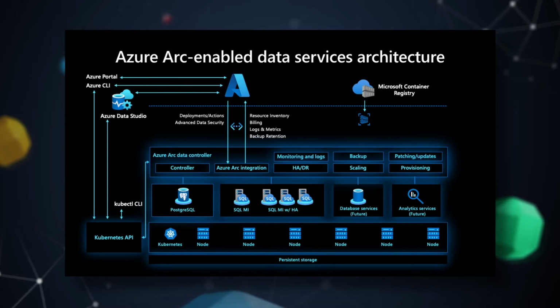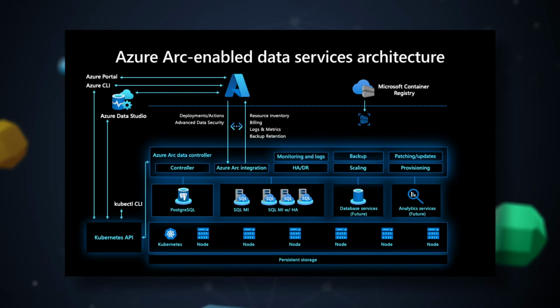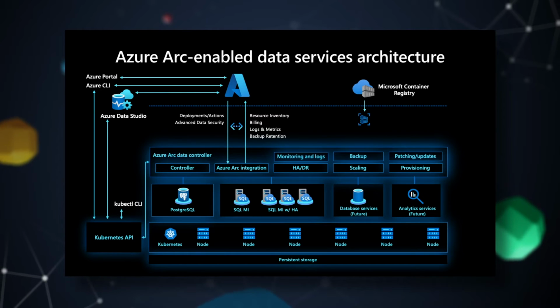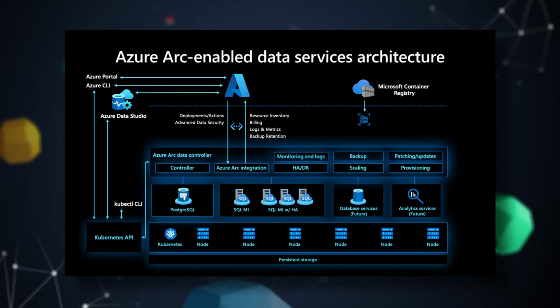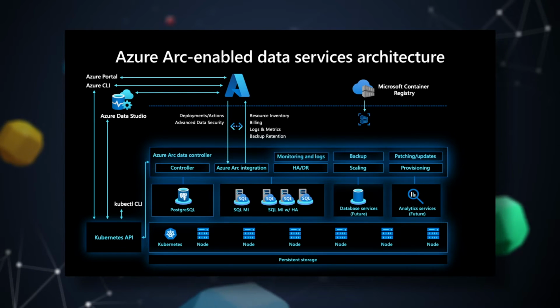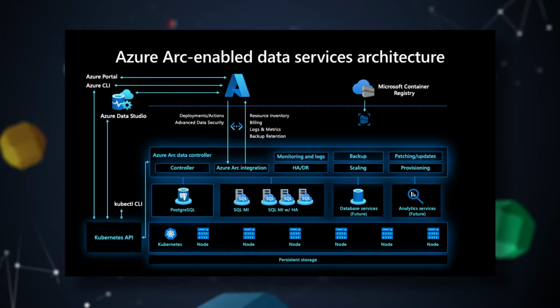AKS HCI is all these nodes that are running down below with Kubernetes running on our validated hardware, which runs HCI. Once you've laid down Kubernetes, then you would deploy what we call the controller for Arc-enabled data services. And that controller gives you that connectivity to the Azure cloud for data services.